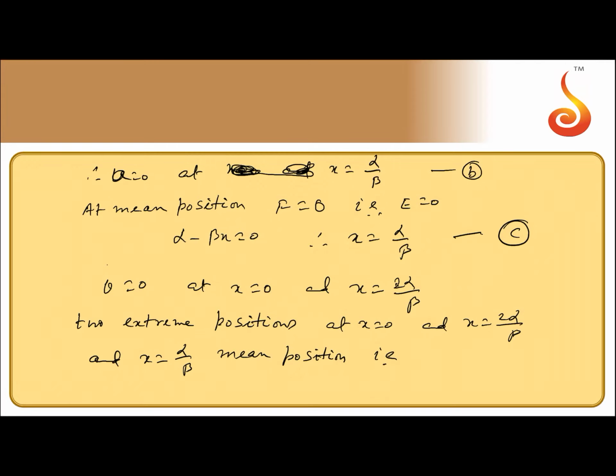That is, motion is oscillatory. This is option A. So all the four options are correct.